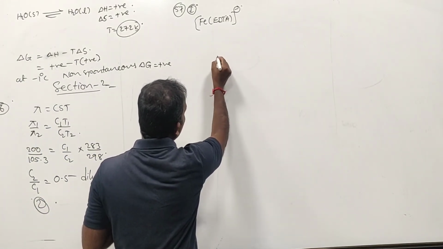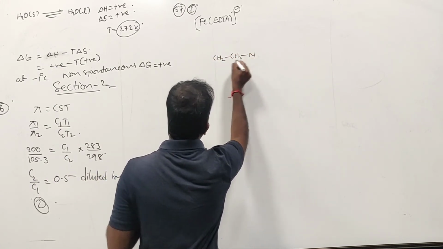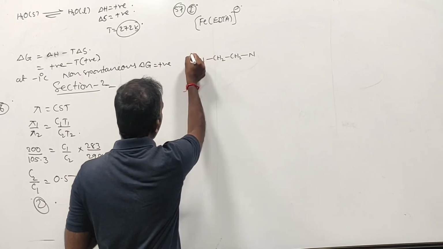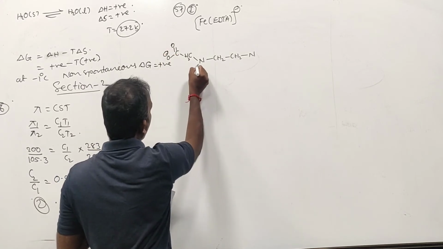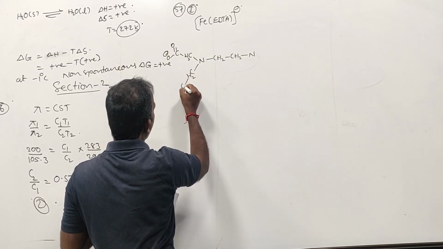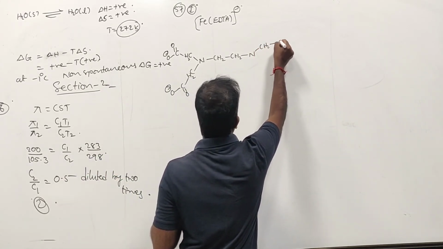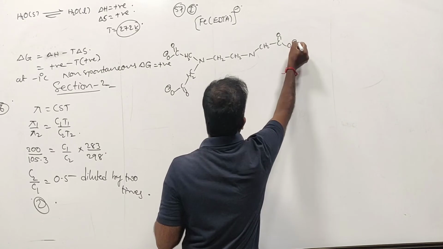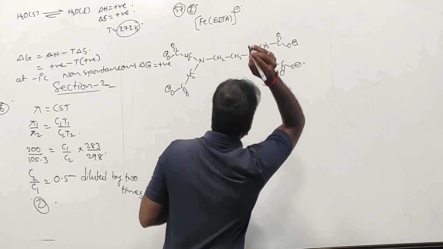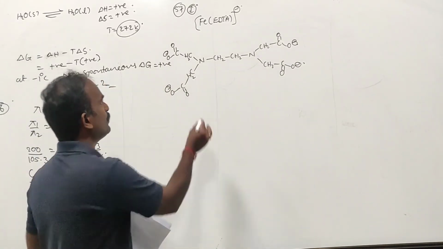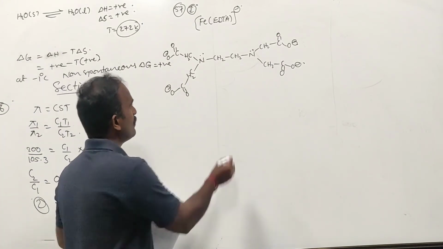As we all know that ethylene diamine CH2, ethylene diamine tetraacetate, and it is a hexadentate ligand.